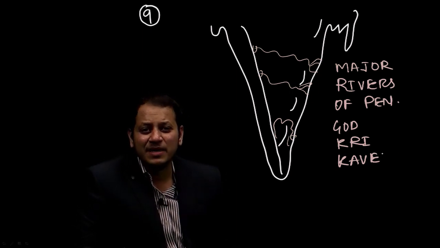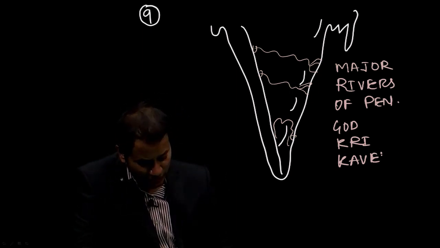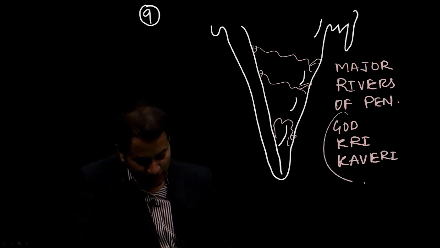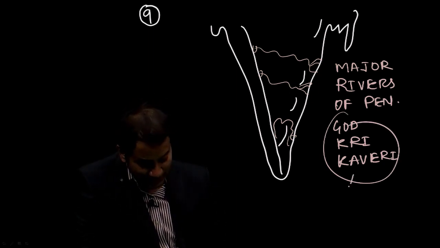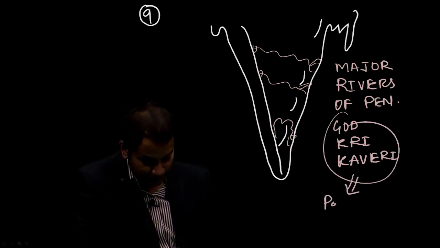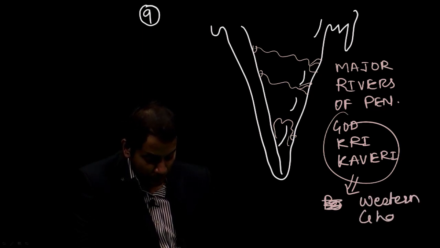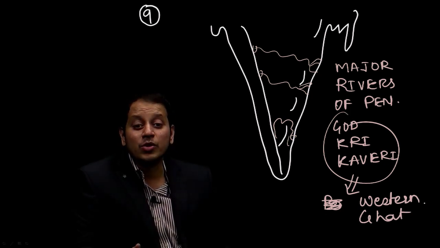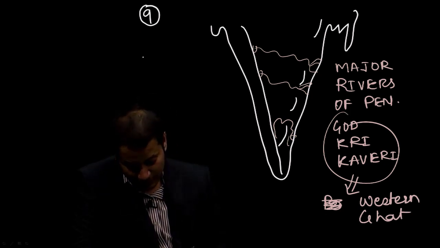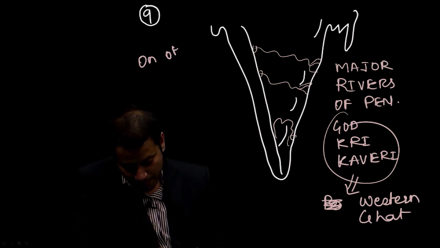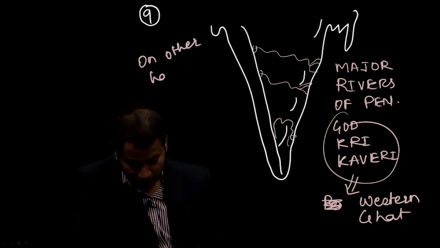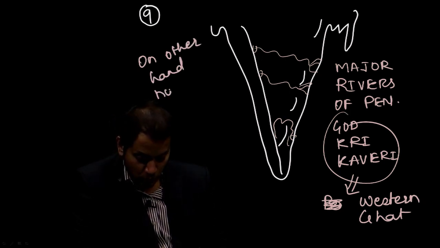To save time, I am writing it as shortcuts. Godavari, Krishna and Kaveri originate in the Western Ghat region. No major river originates in the Eastern Ghat.